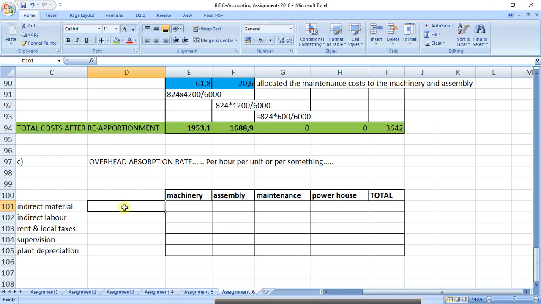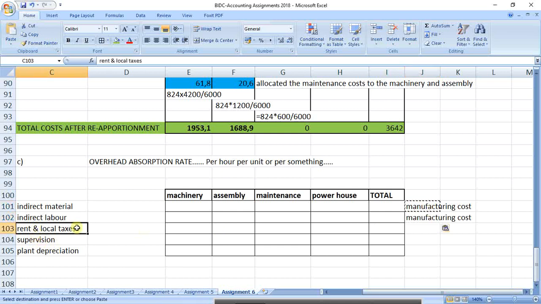In business you did more of that. So do you agree indirect labor and indirect material, that would have been a manufacturing cost? Rent, taxes, supervision, plant depreciation, that would have been a non-manufacturing cost. Do you agree?